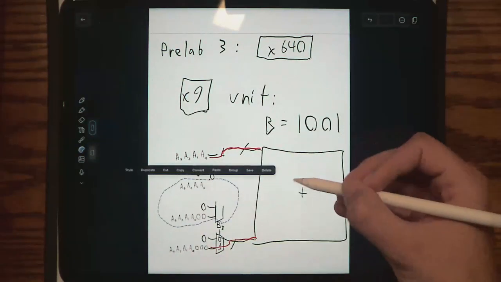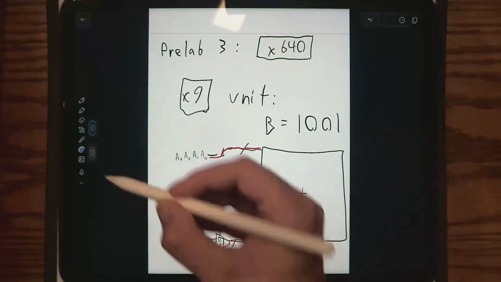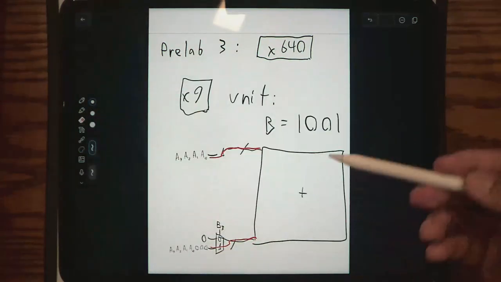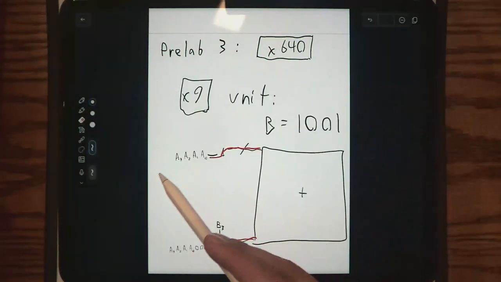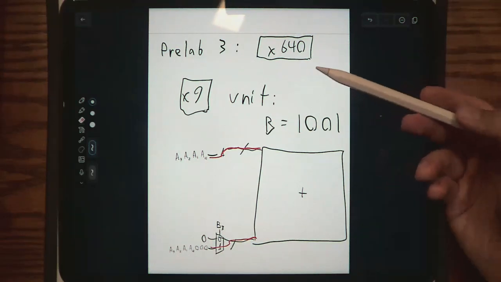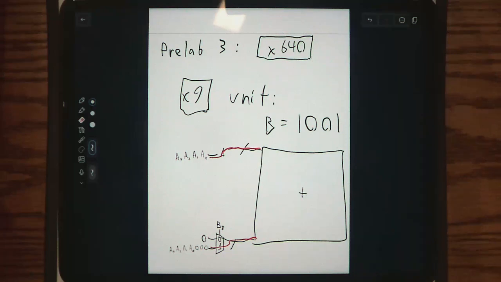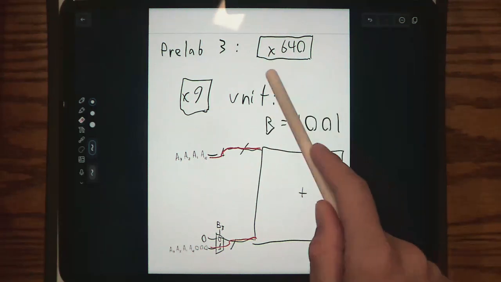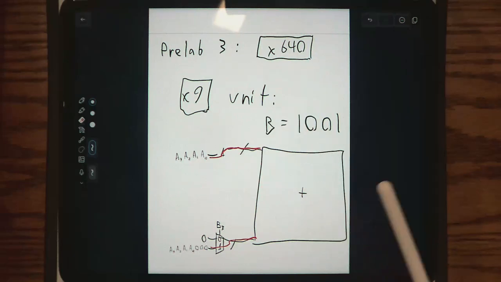Now all that we have after this is just A, and then A shifted by 3. So that is a times 9 unit that we have just created. And we could imagine that we could do basically the exact same process now for this times 640. Cool, I expect all of you to get full credit on that question now.